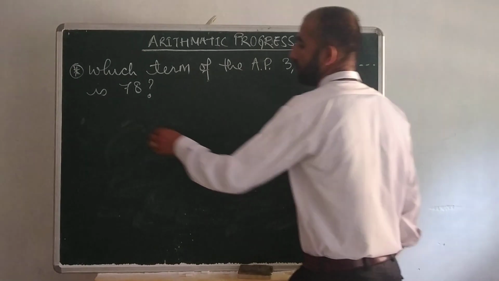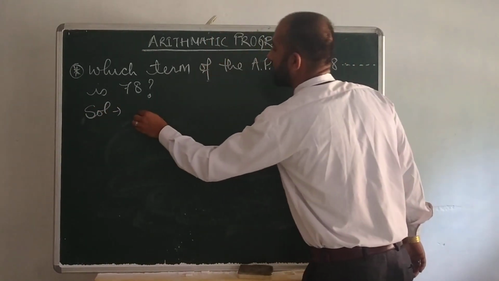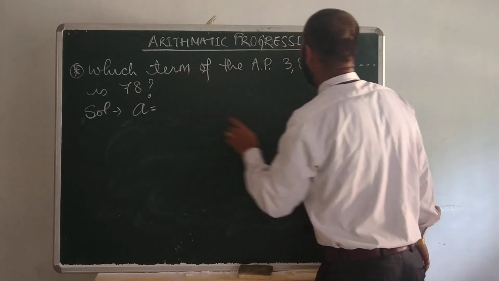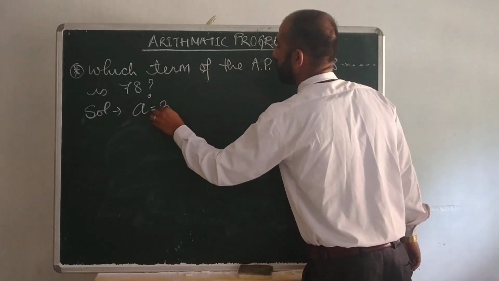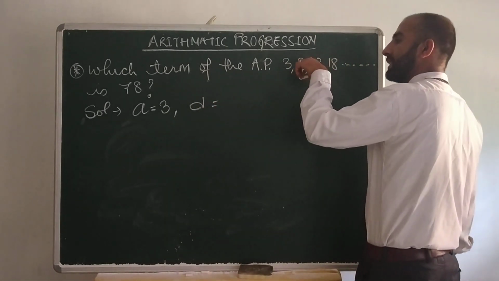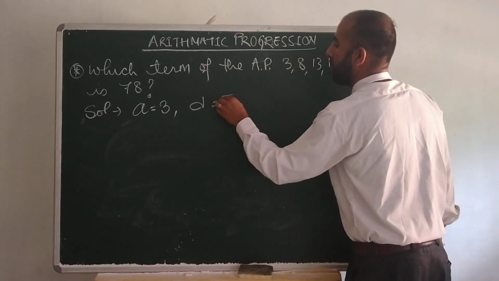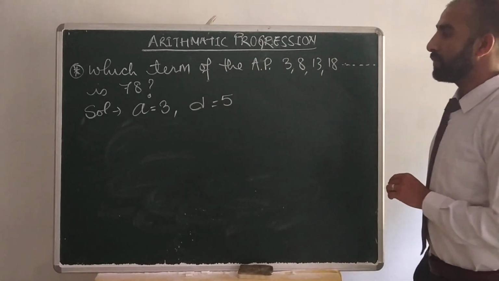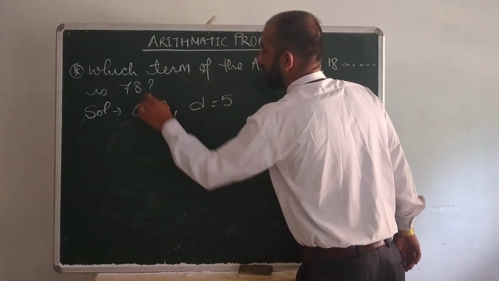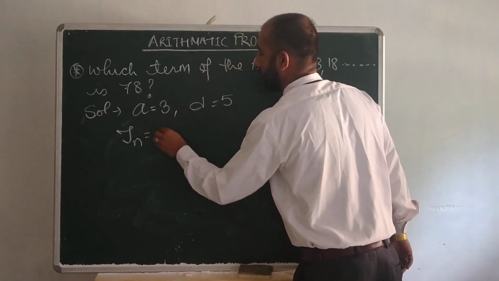Okay, let's see. We have first term as 3, and common difference, we have second term minus first term, that is 8 minus 3, that is 5. Okay, and we are given this. Let it be nth term.